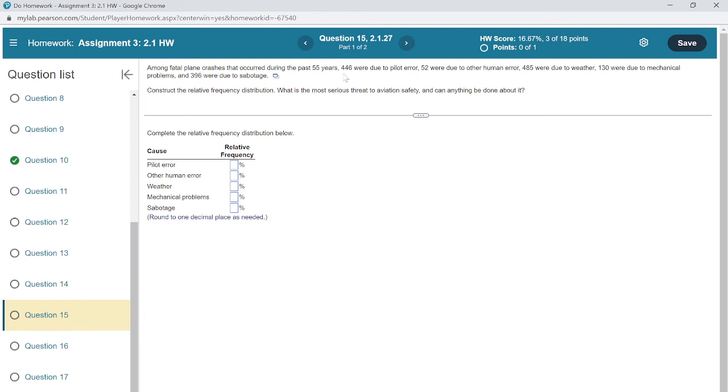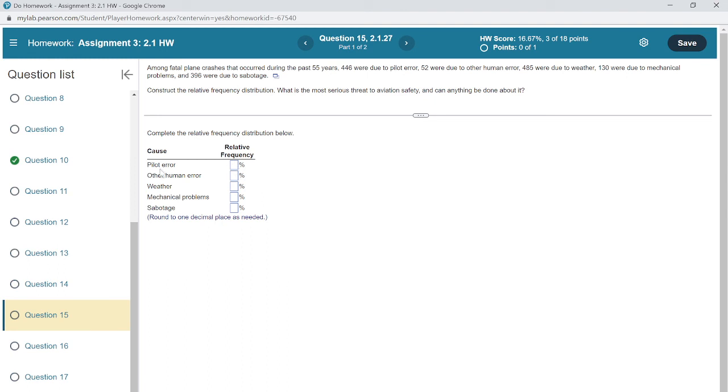So for total data, you can add them all: 446, 52, 485, 130 and 396. To find the relative frequency percentage for each of them, like for pilot error, just divide 446 by the total data and then multiply it by 100.